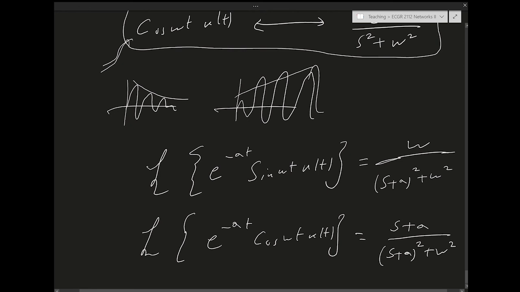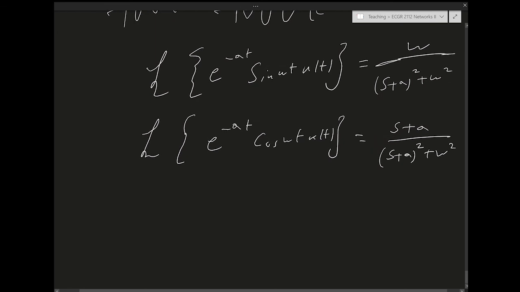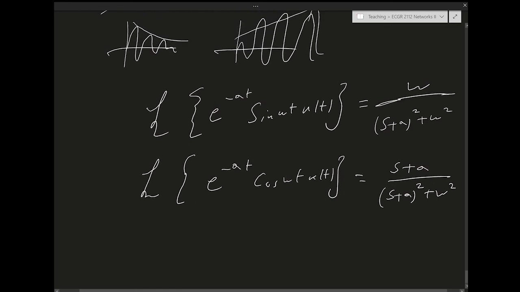Right? So we now know how to handle the Laplace transform of all the elementary signals for voltages and currents that are going to arise in circuits, and that we already studied. So we already built a big table of transforms.